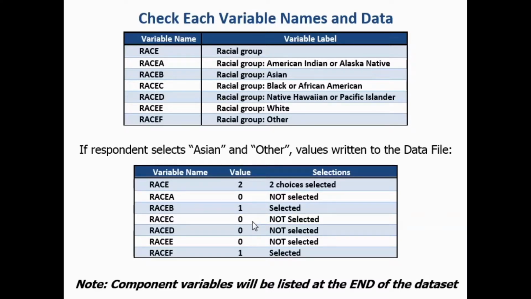So in order for us to refer to our other choice for race being other, we need to use this variable race F. And as a reminder, note that component variables, these race A through race F, will always be found at the end of your data set.